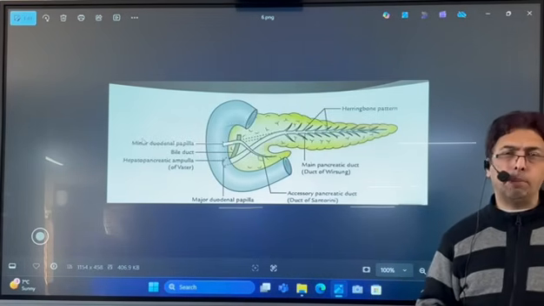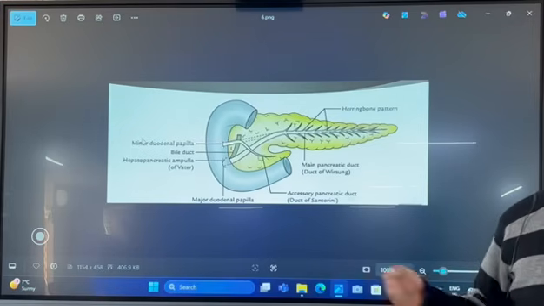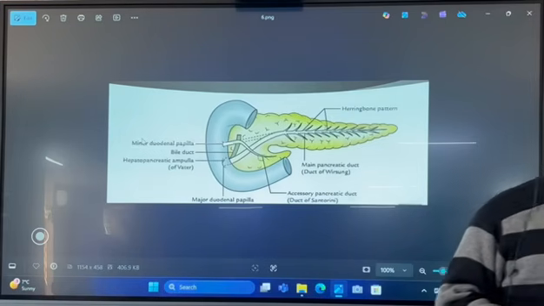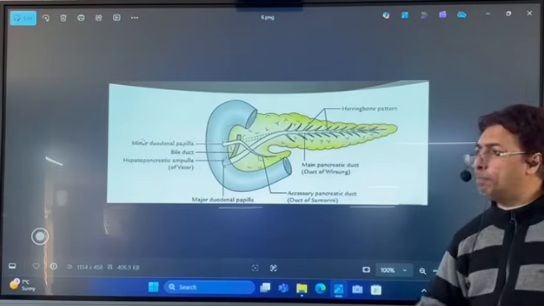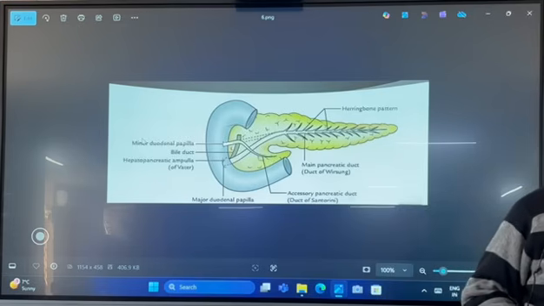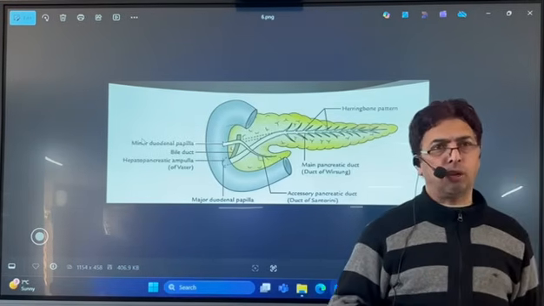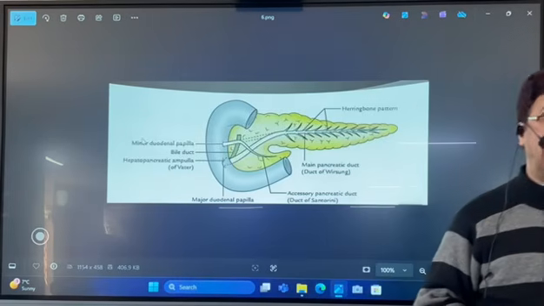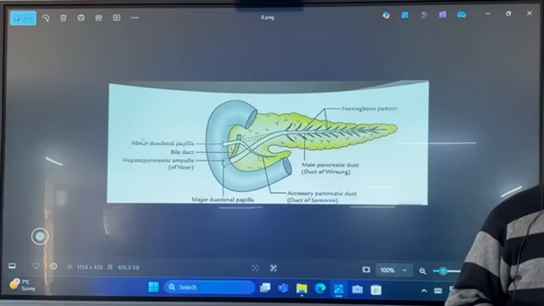There are capable people over there who will teach you those aspects. But over here you have to remember one important thing: the pancreatic ductal system. Because it is a mixed gland, both endocrine and exocrine, it should have a ductal system. And the pancreas is blessed by two ducts.